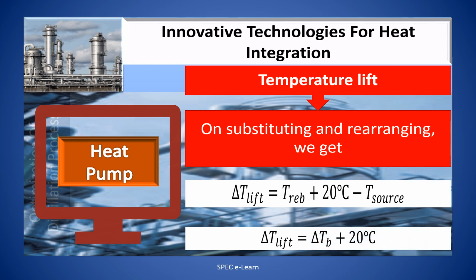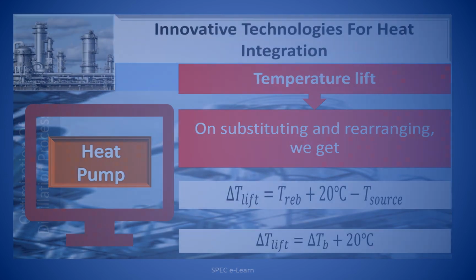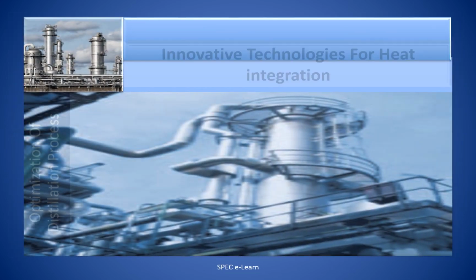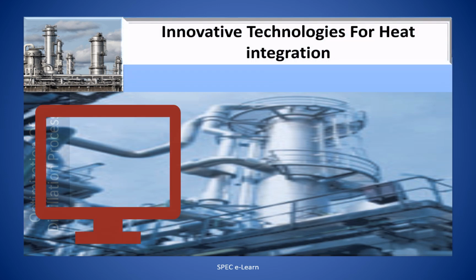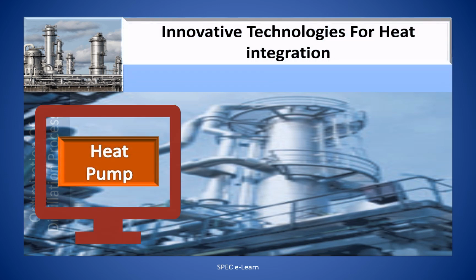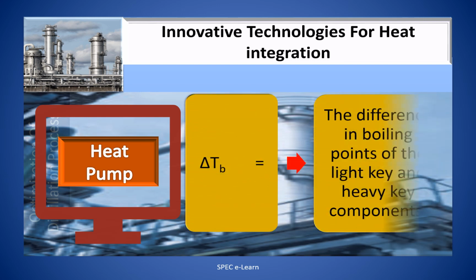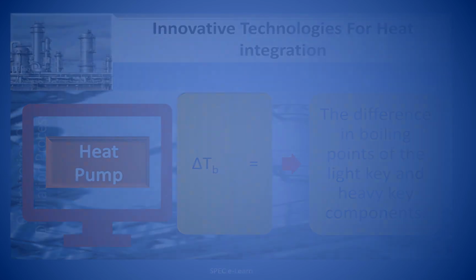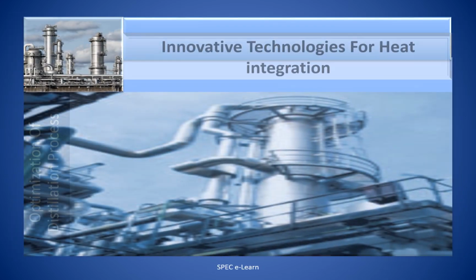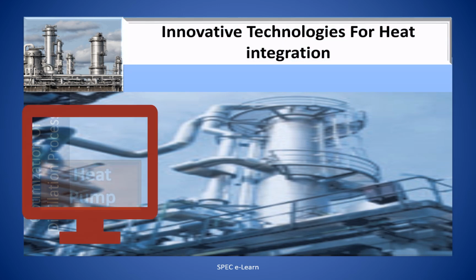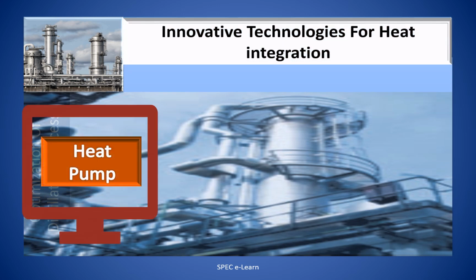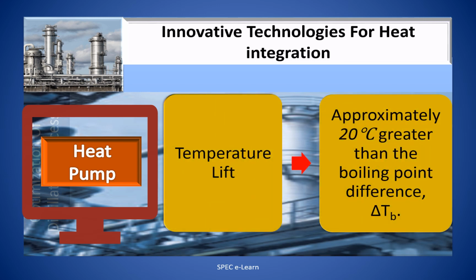What does delta Tb stand for? Delta Tb equals the difference in boiling points of the light key and heavy key components. The temperature lift is approximately 20 degrees greater than the boiling point difference.